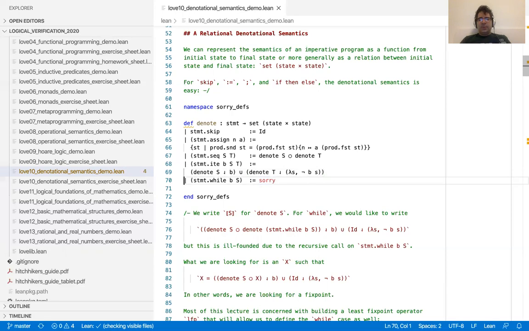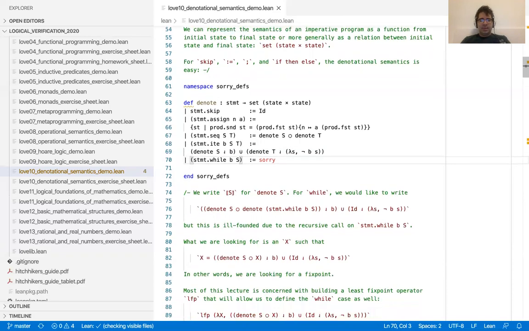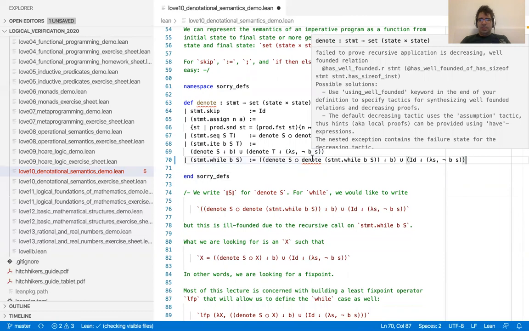But now we have to define while, and this is where sorry comes into play. We're a bit stuck because we'd like to define while in terms of while. Basically what we would like to write in the sorry is this, and then Lean just complains that this is not well founded, possibly.